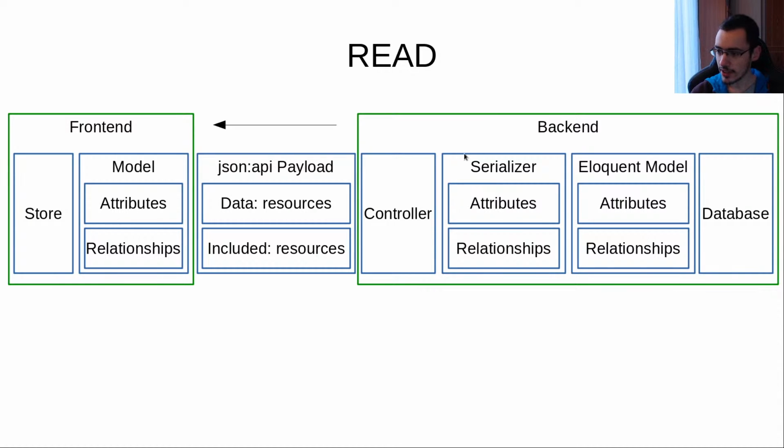And usually we use a serializer to serialize an eloquent model, but it does not have to be. It could be something else. But yeah, most of the time we need to configure a serializer with attributes and relationships. And often they will directly map to an eloquent model. And that eloquent model is used to retrieve data from the database.